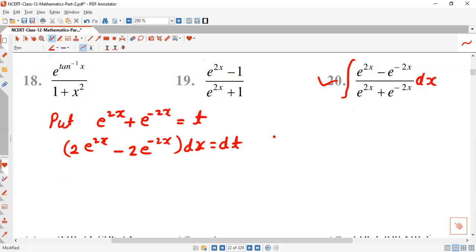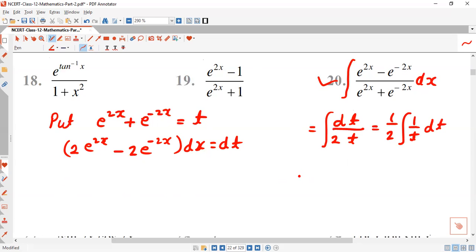This integration becomes dt by 2 in the numerator, and the denominator becomes t. So you can say 1 by 2 integration 1 by t dt.